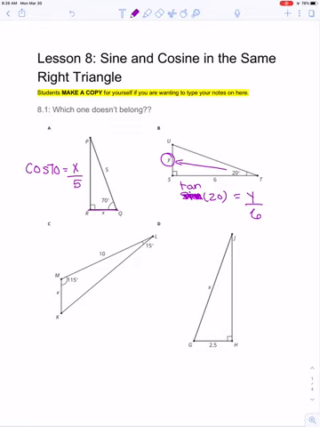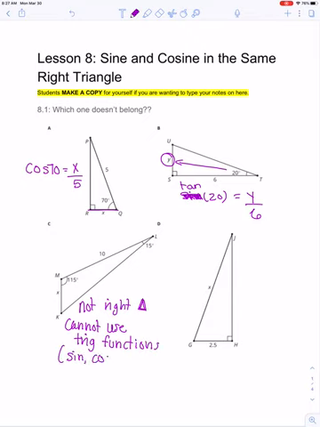C. This one is not a right triangle. So if it's not a right triangle, it's the only one that we cannot use the trig functions. And what I mean by trig functions, that is your sine, cosine, and tangent functions.